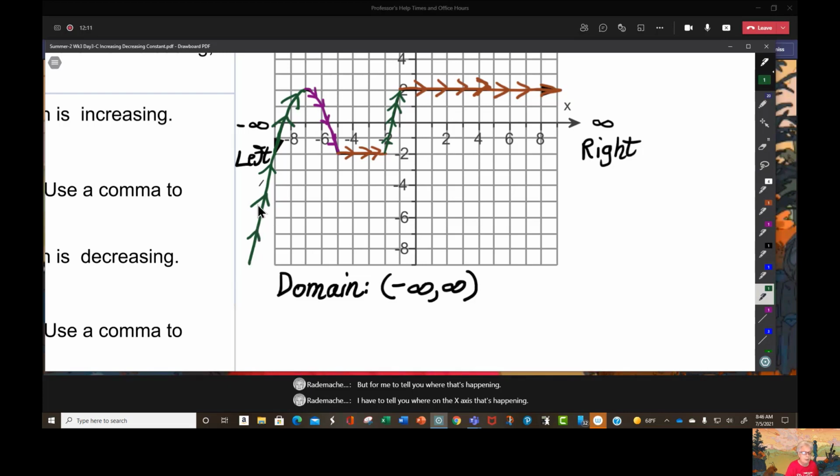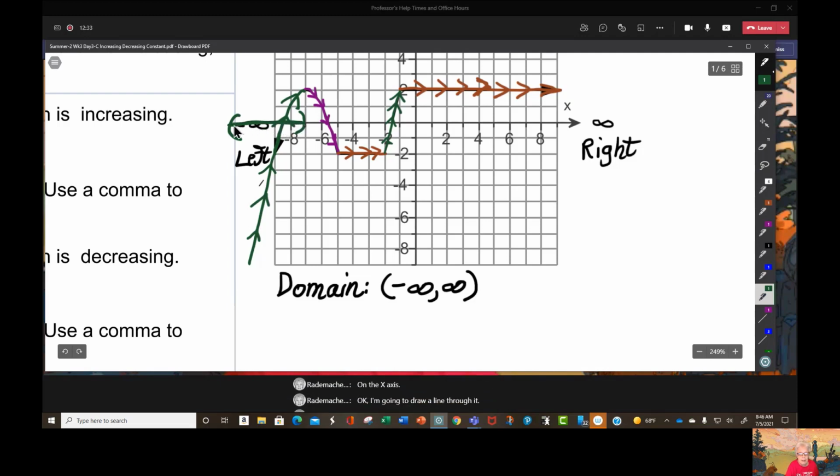So the graph is going up, up, up, up, up from negative infinity on the x-axis to -7 on the x-axis. Okay, I'm going to draw a line through it.